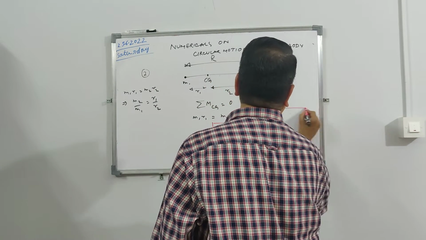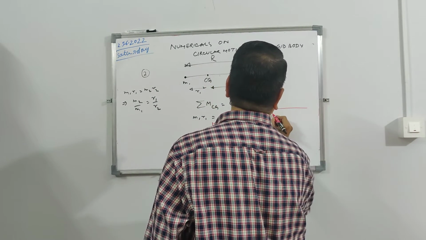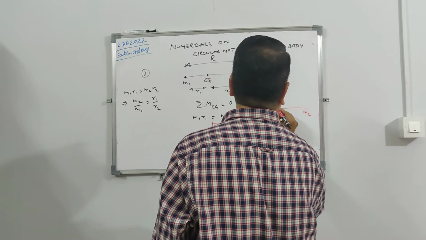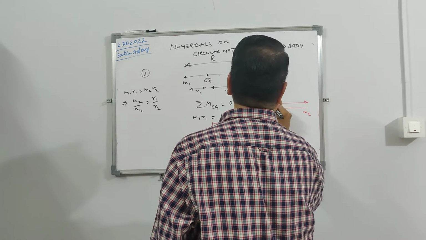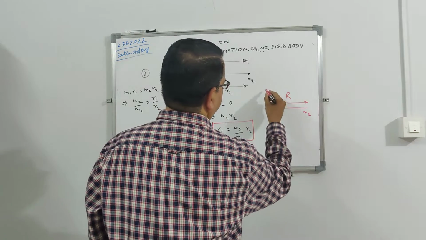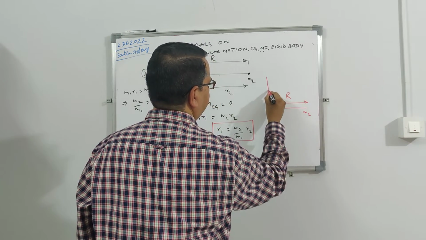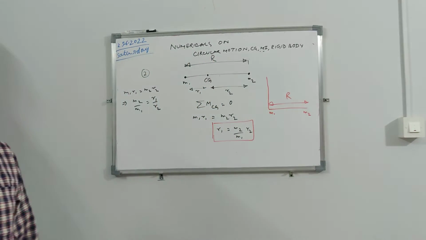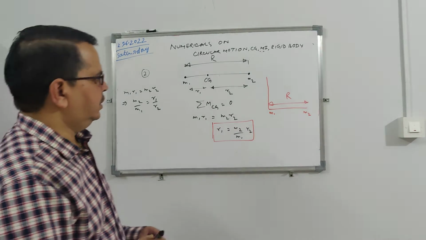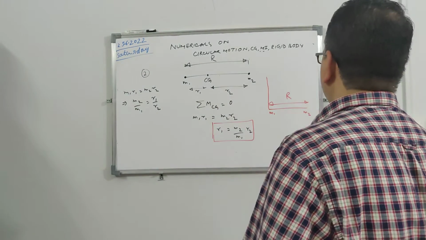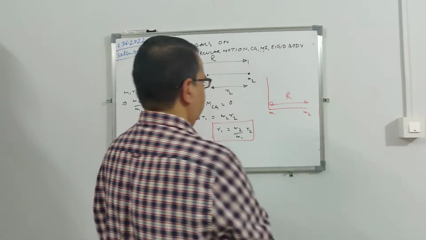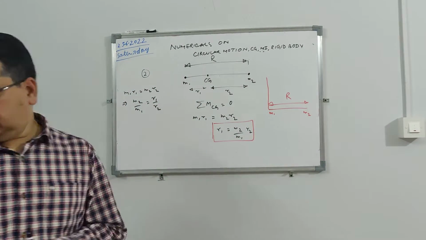Let us say this is my m1, this is my m2, and they are separated by a distance r. Let me say my CG is somewhere here, and it passes through m1.